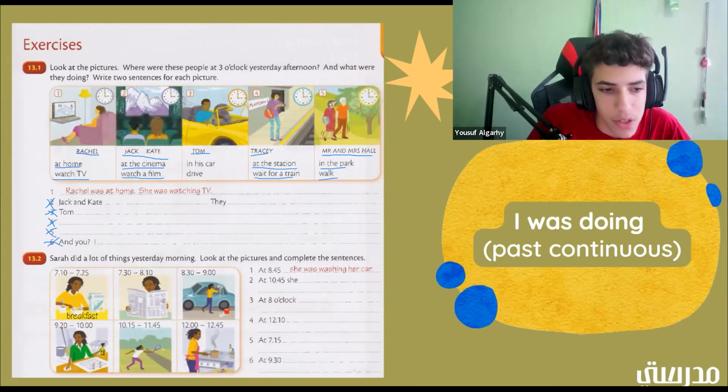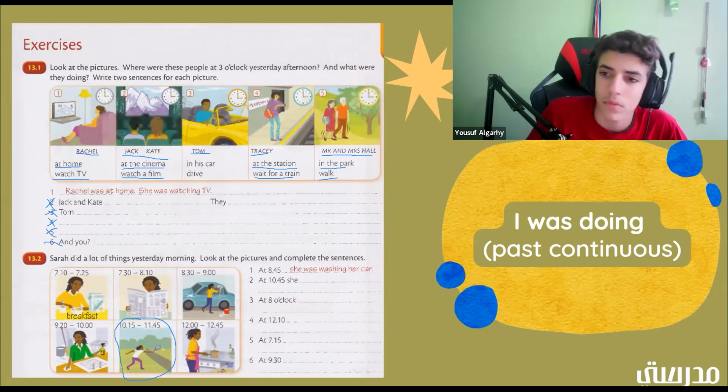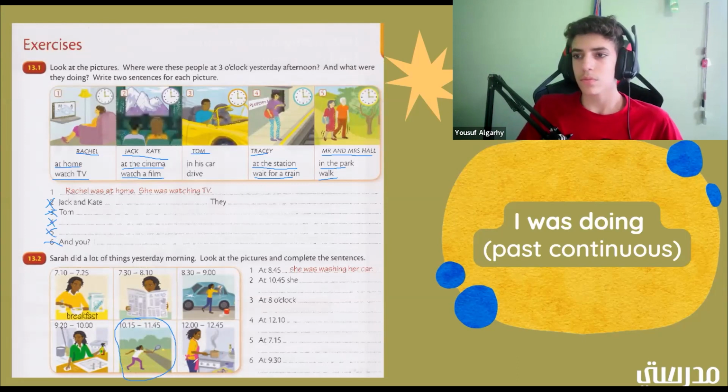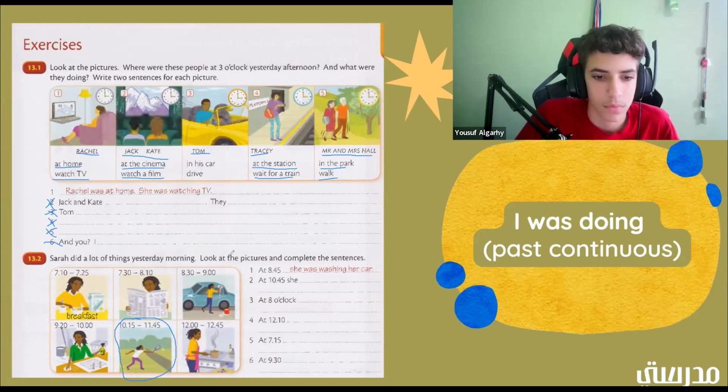Now we have Sarah did a lot of things yesterday morning. Look at the pictures and complete the sentences. At 8:45, she was washing her car. At 10:45, which is this one. What was she doing at 10:45? She was playing tennis. All right, good job. At 8 o'clock, choose this one. What was she doing at 8 o'clock?